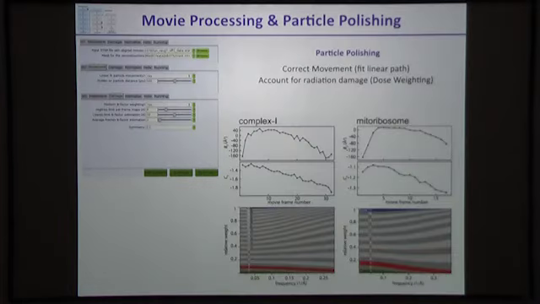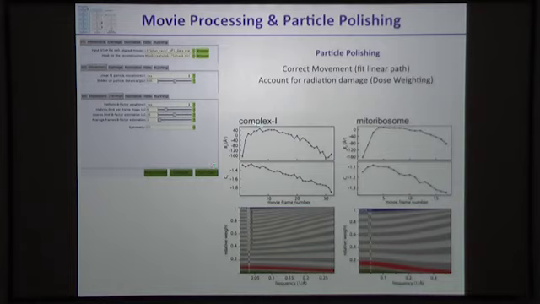The other thing that we can do with the particle polishing procedure is correct for radiation damage again. What Reliant does at this stage is make a reconstruction for the two half maps for every frame, do an FSC between them, and use this to estimate a B factor for every reconstruction of every frame.